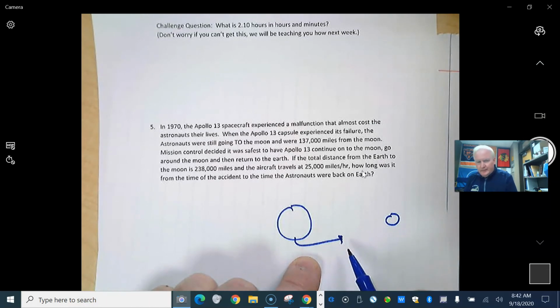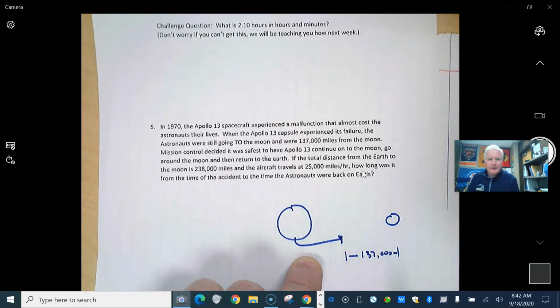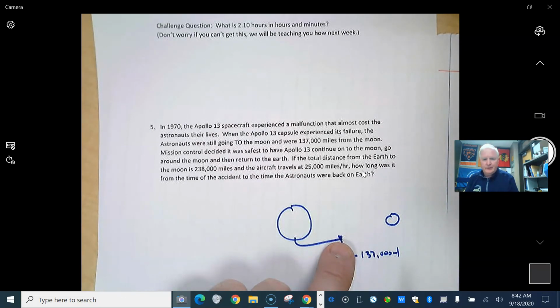And right about 138,000 miles away from the moon, I think it's 137,000, something happened and they really crippled their spacecraft. There was an explosion, and they crippled their spacecraft, but they survived that.